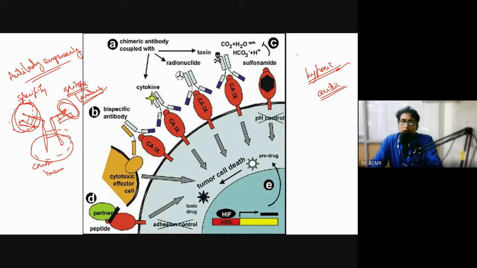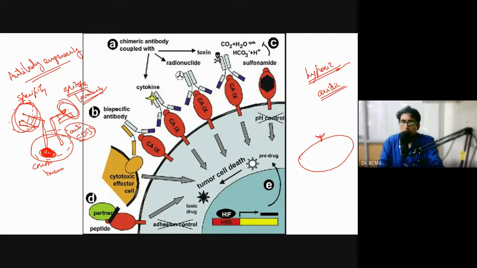So antibody engineering is about how you are modifying it. What if I attach a toxin molecule here? And assume this is anti-CD133, for example. If this antibody is against CD133, it would bind.